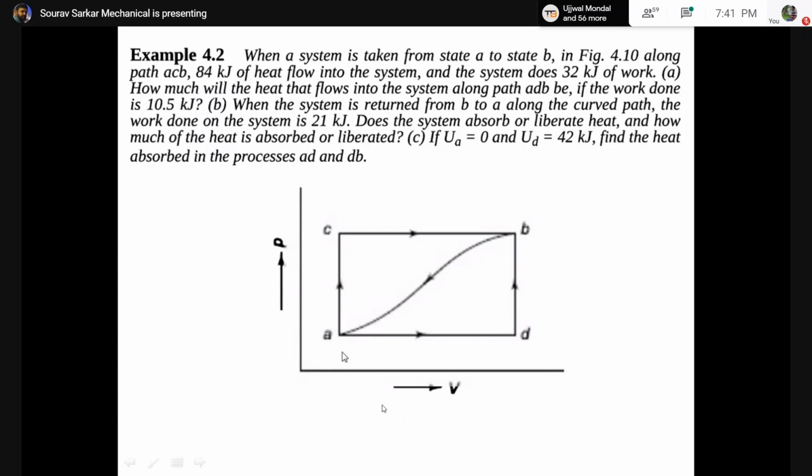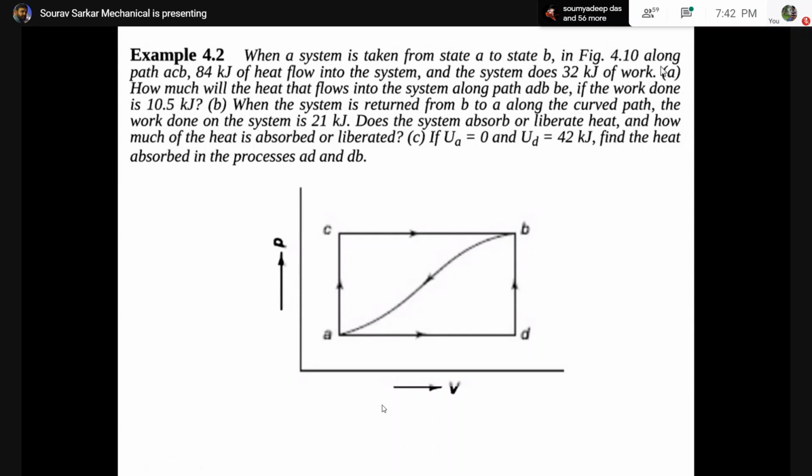A moves vertically to C, then moves right to B. What is happening is that 84 kilojoule of heat flows into the system. Very good. So heat flows into the system means positive heat, and the system does 32 kilojoule of work. The system doing work means the work done by the system, so it is positive.